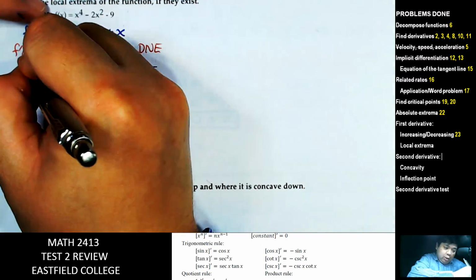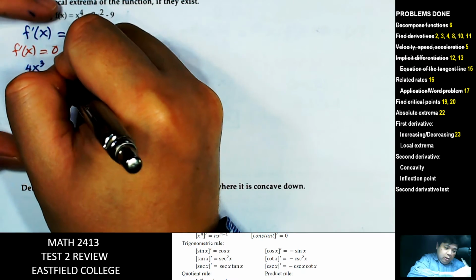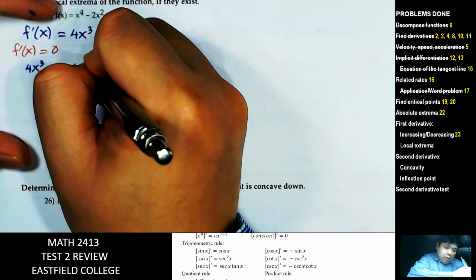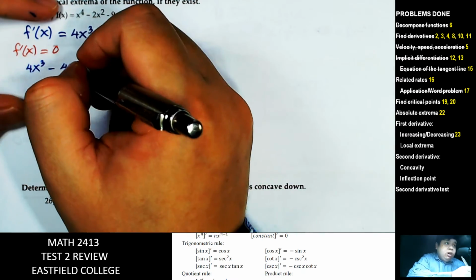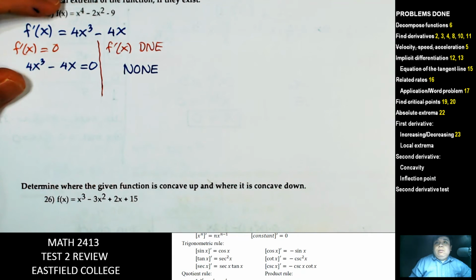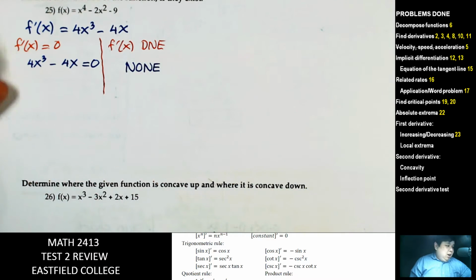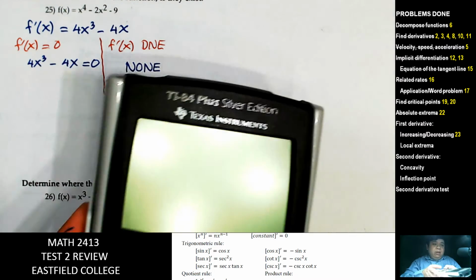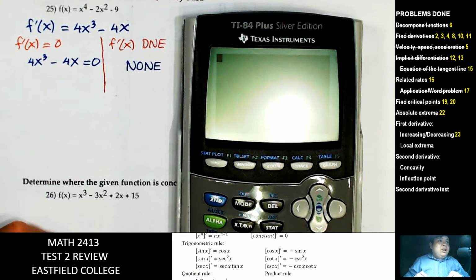Here we have 4x cubed minus 4x. Of course, we can use the calculator.